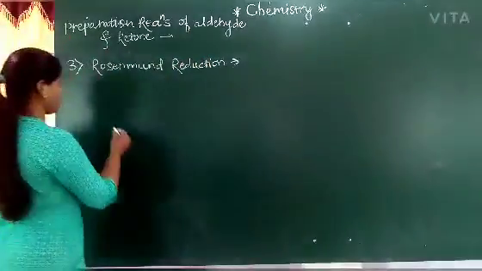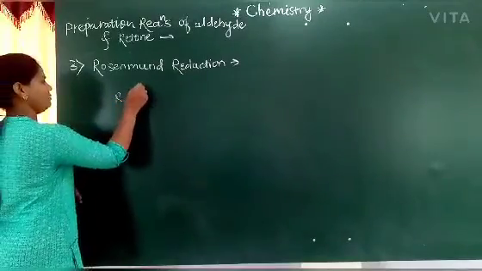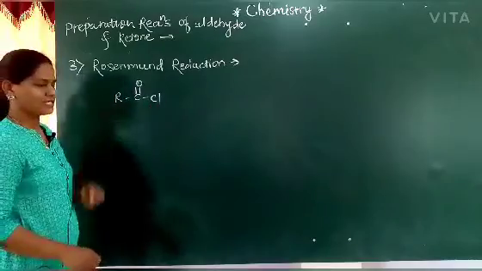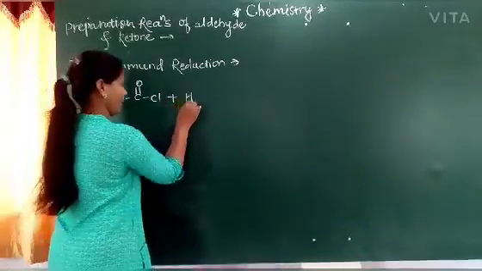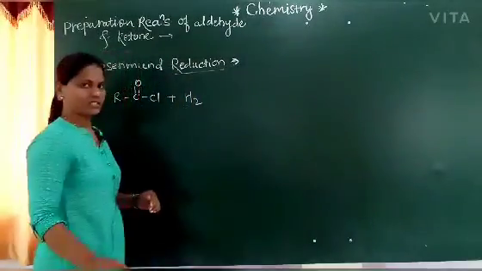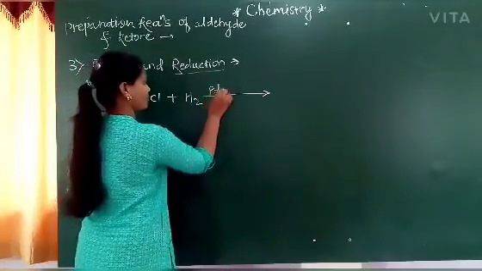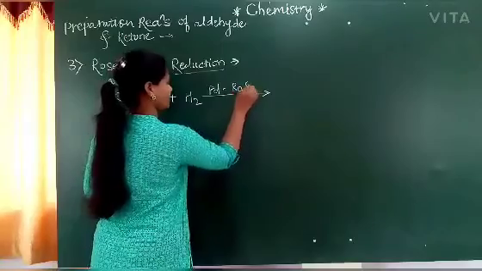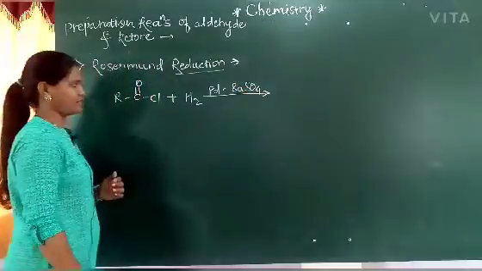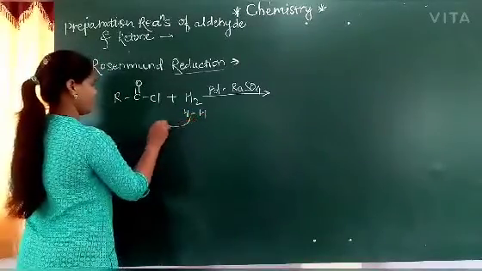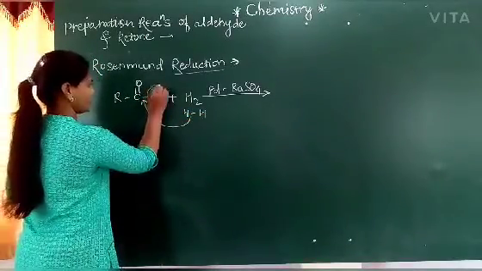Let's see the reaction. Acyl chloride formula, this one, R C double bond O Cl plus H2. Why H2? Because reduction is given, and this reaction takes place in presence of palladium with barium sulfate as a catalyst. Then see here, the reduction takes place like this, and this Cl will be removed.